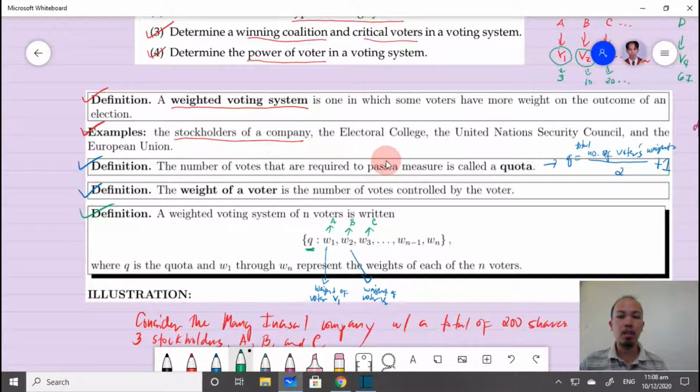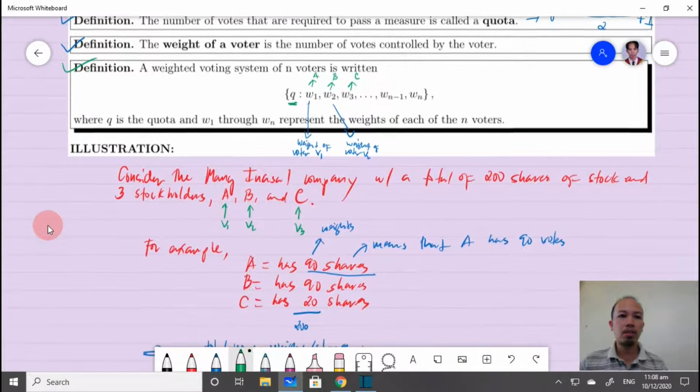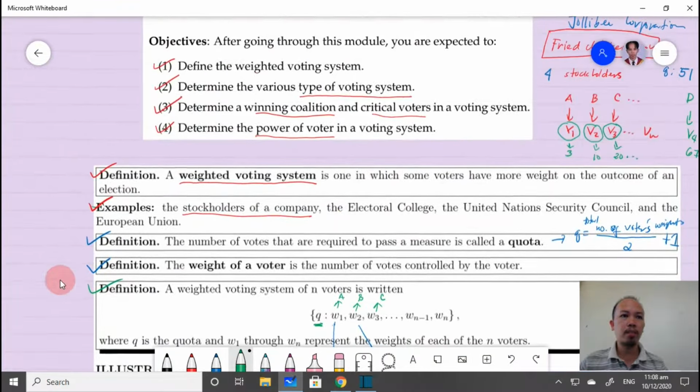There are many more. Just imagine the electoral college, the United Nations Security Council, the European Union, and many others. So let's now discuss the second objective, the types of voting systems.